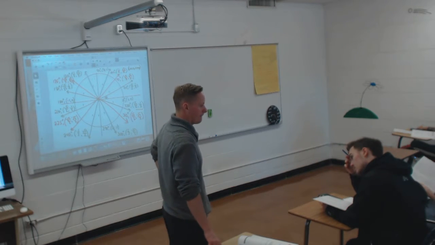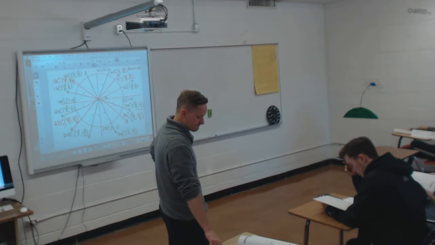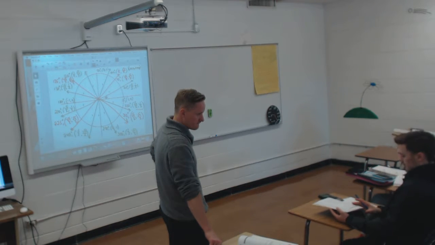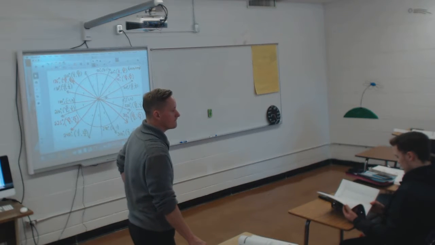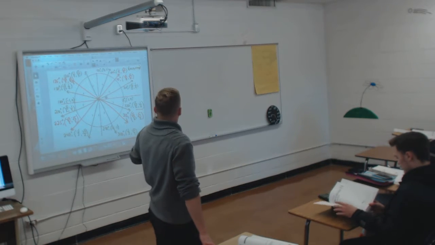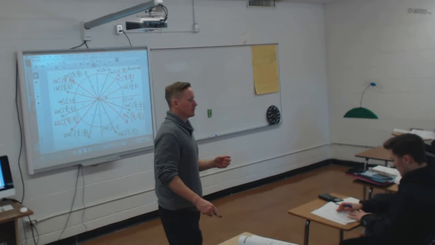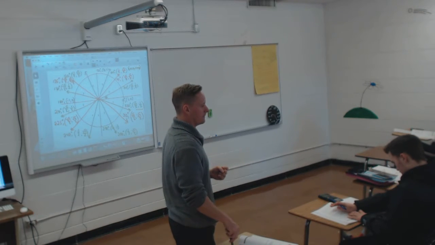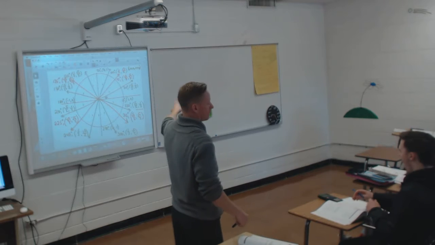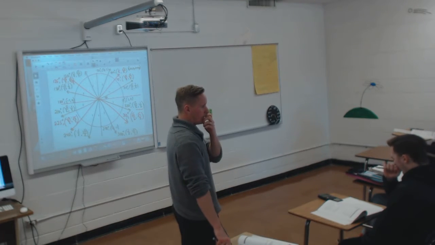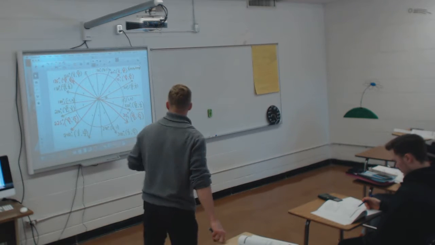Yeah, go ahead. Why would you change the negative 1 over root 2 into the root 2 over 2? I know how you did it, I just don't know why. Because we are taught in grade 11 to rationalize denominators, okay? In grade 12 text, this is how they write them, okay? So the negative 1 over root 2 just doesn't exist on there.